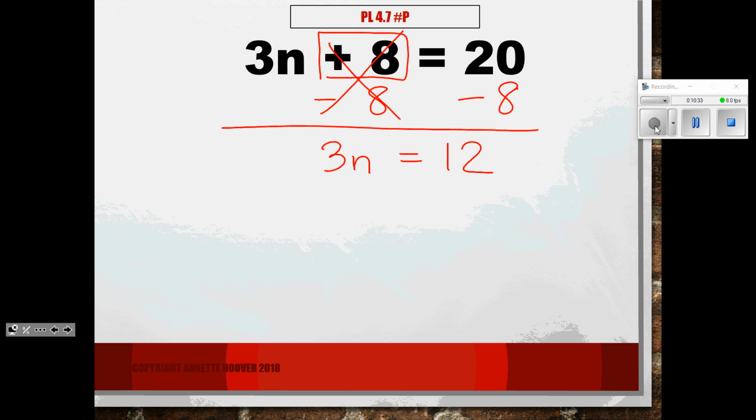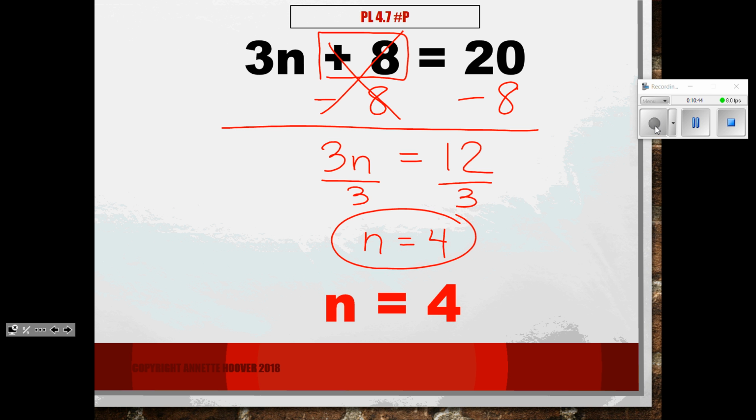Now the variable is being multiplied by 3, so we're going to divide both sides by 3, and 12 divided by 3 is 4, so we think the unknown number is 4. And if we were to plug it back in, 3 times 4 is 12, and then we add that to 8 and we get 20, so it does check.